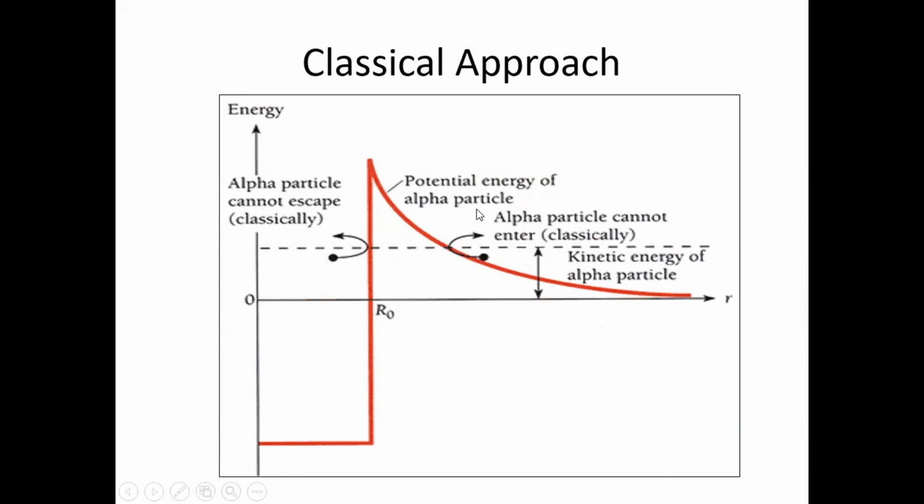So the potential energy of the alpha particle, which is below the barrier, will remain a confined state.